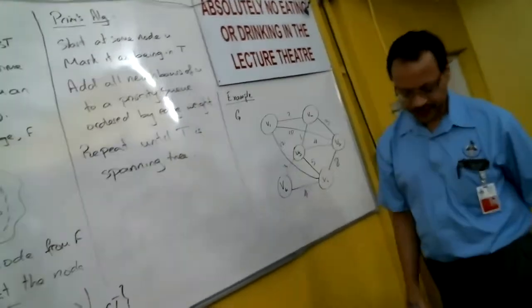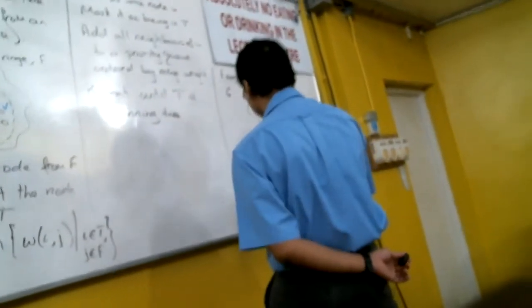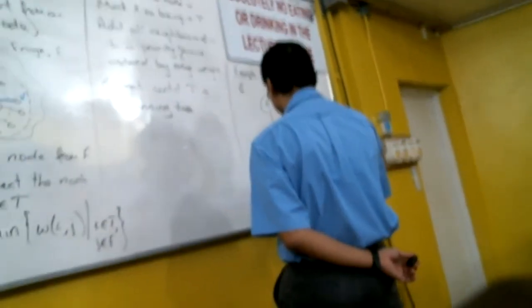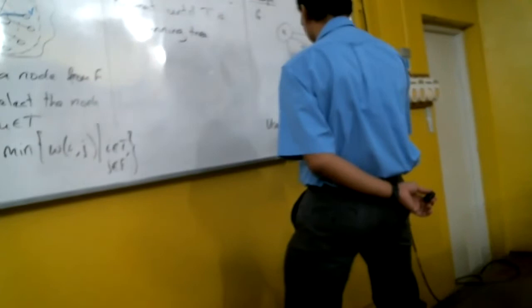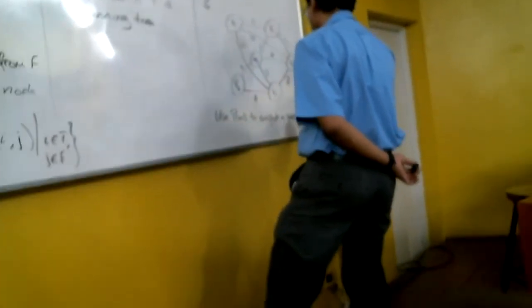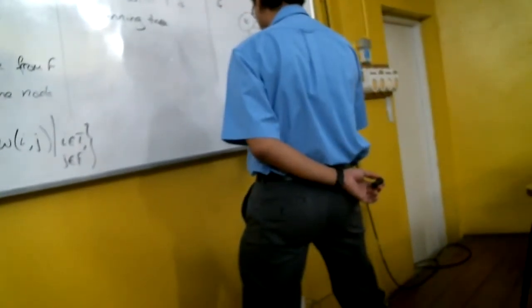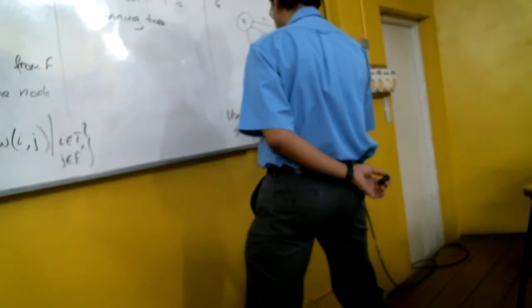Okay, so there are some weights on our graph. The question is: use Prim's algorithm to compute the minimum spanning tree starting from node V1.